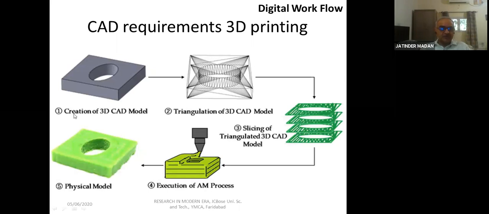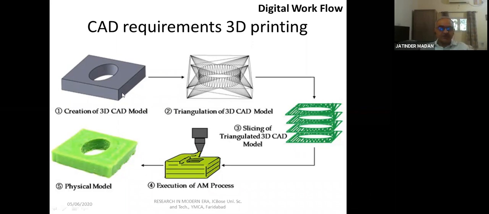You have the creation of a 3D CAD model, and once that model is available, you triangulate that model. Triangulate that model means that each and every face of this solid is converted into triangles.